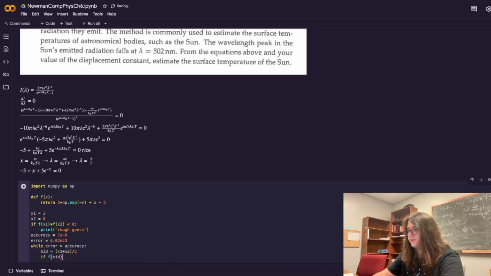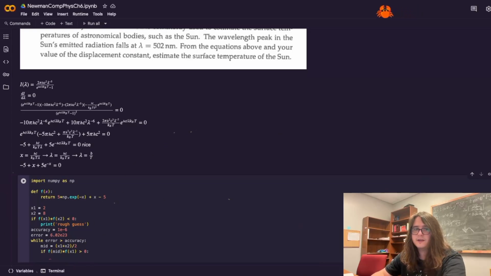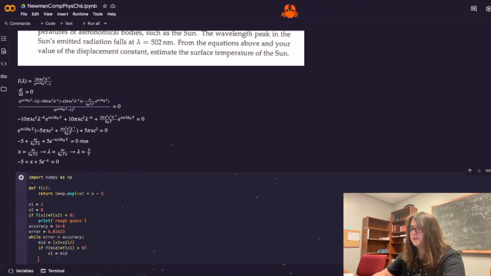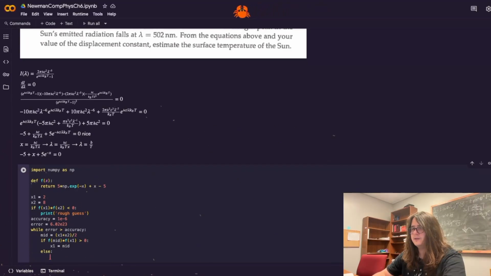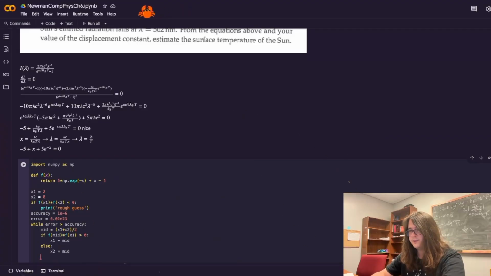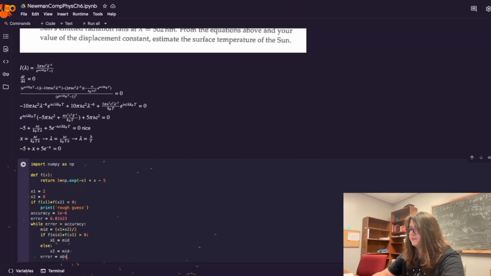So if f mid times f of x1 is greater than 0, that means that they do have the same sign. Then you set x1 equal to the midpoint. Otherwise, you set x2 equal to the midpoint. And then you check your error. This time the error, you can just have it be equal to the absolute value of x1 minus x2.